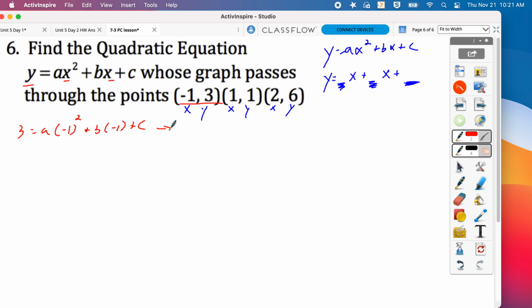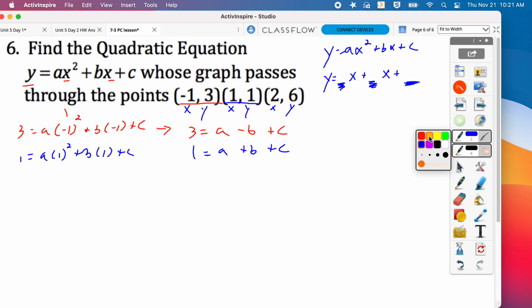I'm going to clean that up. -1 squared is 1 times a is a. B times -1 is minus b plus c. All right, there's one of my equations. I'm going to do the same thing again. This time I'm going to put 1 into y and 1 into x. And I'm going to get 1 equals 1 squared times a is a plus b plus c.